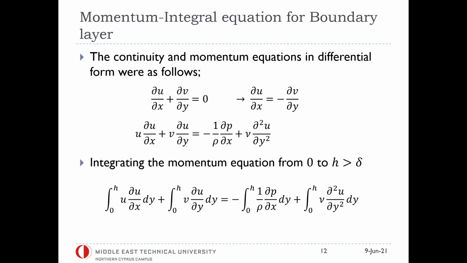So for that purpose, our starting point is the same, meaning that if we can reach a simplified equation, so I'm stating the objective why we are doing this, a simplified equation, again starting from the same governing differential equation set, we reach a simple equation. That's also what Blasius tried to do.